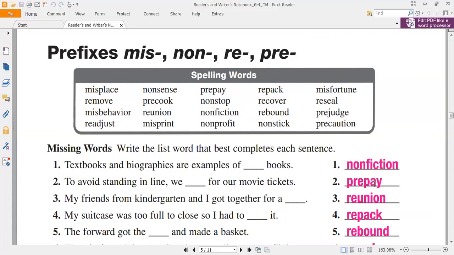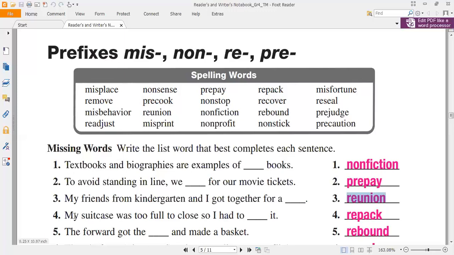Prepay means that they pay before they get the tickets. Number three: my friends from kindergarten and I got together for a, yes, a reunion. Reunion means meeting again after a long time.